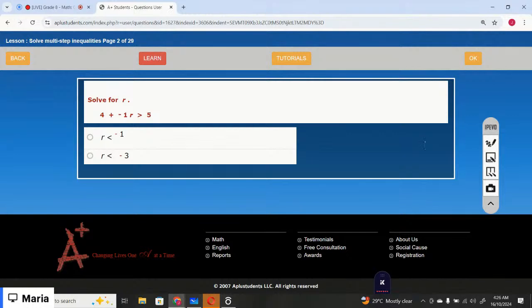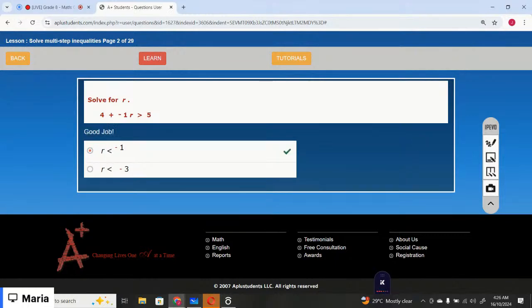Option number 1 is the correct option, right? That is r is less than negative 1 because 5 minus 4 is 1.